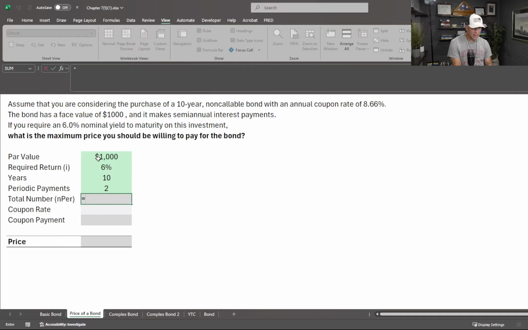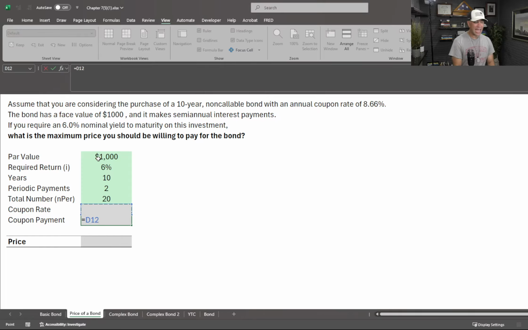And this darker gray means it's a calculated field. So we want to know the total number of payments, which is going to be the years times the periodic payments. So 10 years, we make 2 payments per year, for 20 payments. And then the coupon rate, which is 8.66. And then we have to solve for the PMT. We cannot use the PMT function in Excel, but we have to use this equation.